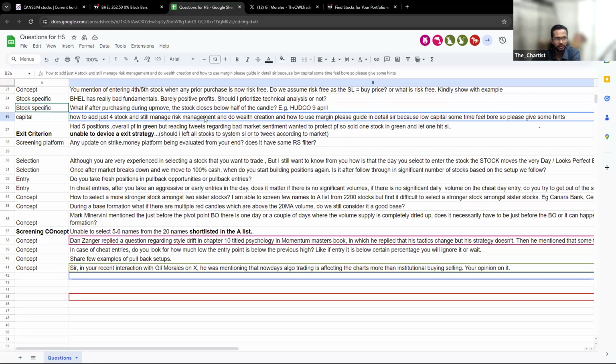How to adjust four stocks and still manage risk management and do wealth creation, and how to use margin? Because low capital sometimes feels boring. Why are you considering trading as fun? Trading is boring. Good trading is boring.